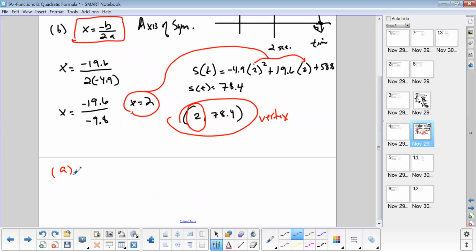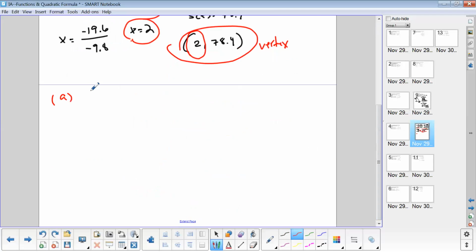So that's part A. And what we're going to use in this situation is the quadratic formula. And we're going to substitute. So A, we know to be negative 4 9/10.